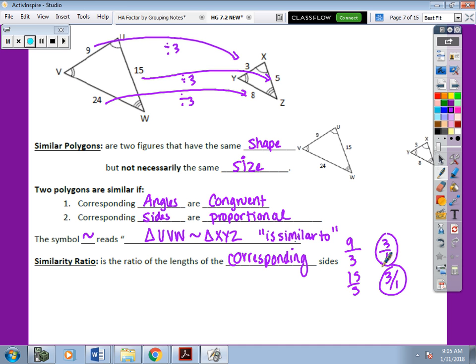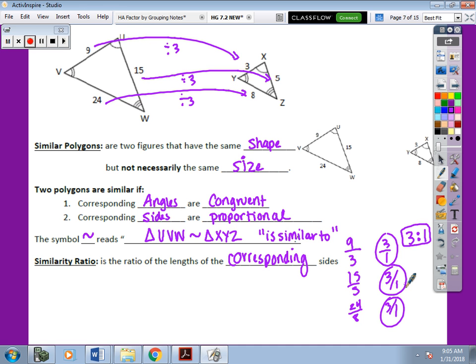And then 24 over 8, which also reduces to be 3 over 1. You do have to have all of them being the same proportion. So the similarity ratio would be 3 to 1. You also can write it as a ratio 3 to 1. So those are the two options of how you would write your similarity ratio.